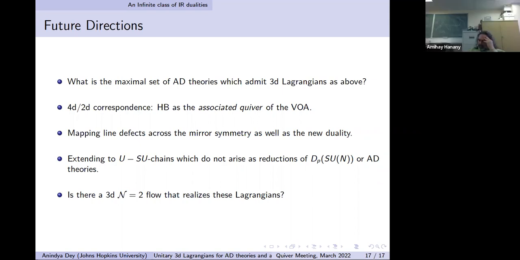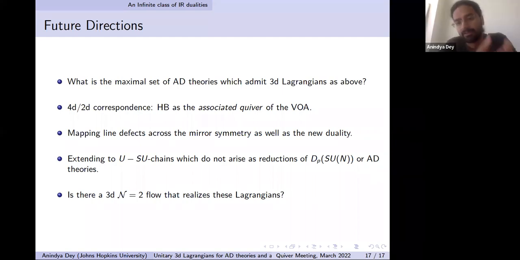The other interesting question is about 4D 2D correspondence. So we know that in that correspondence, the Higgs branch is constructed as the associated variety of the vertex operator algebra. So now we have these 2 realizations of the Lagrangian, we have a realization of the Higgs branch as a 3D quiver.